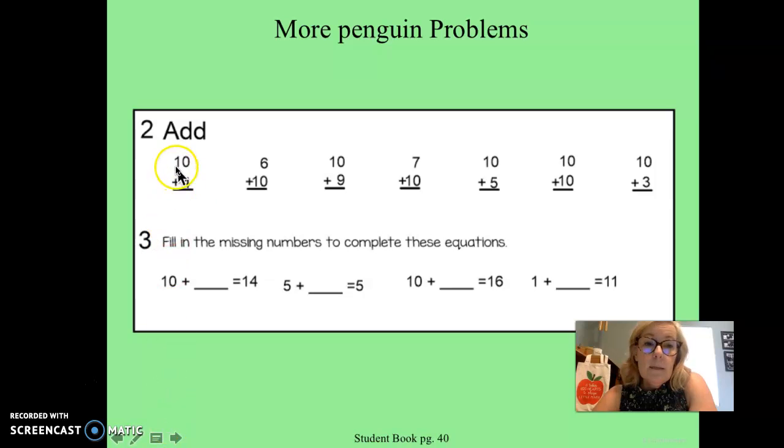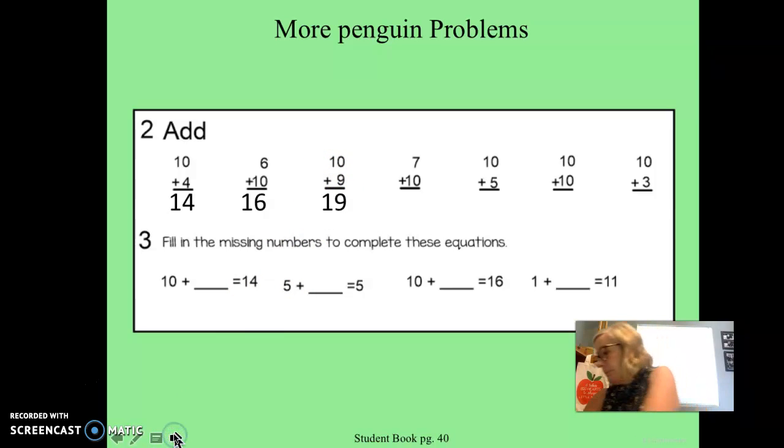Add 10 and some more. 10 plus 4 equals 14. 6 plus 10 equals 16. 10 plus 9 equals 19.